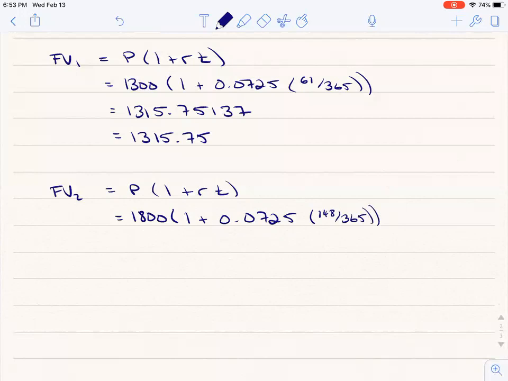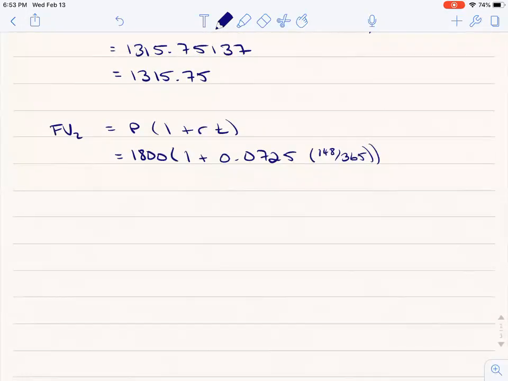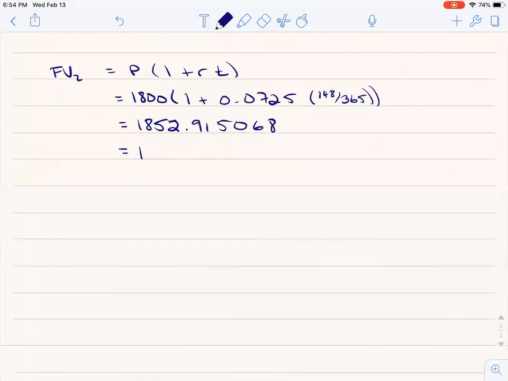We got 148 divided by 365 times 0.0725 plus 1 times 1800 is 1,852.91568, which is 1852.92.